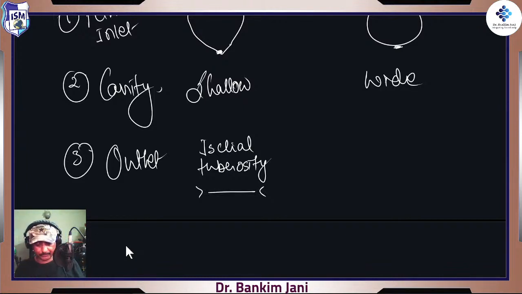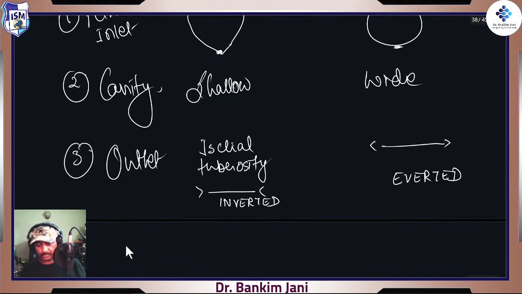But in females, they are everted, so they give more space. Ischial tuberosities are inverted in the male and everted in the female. These are the three important points you must remember.